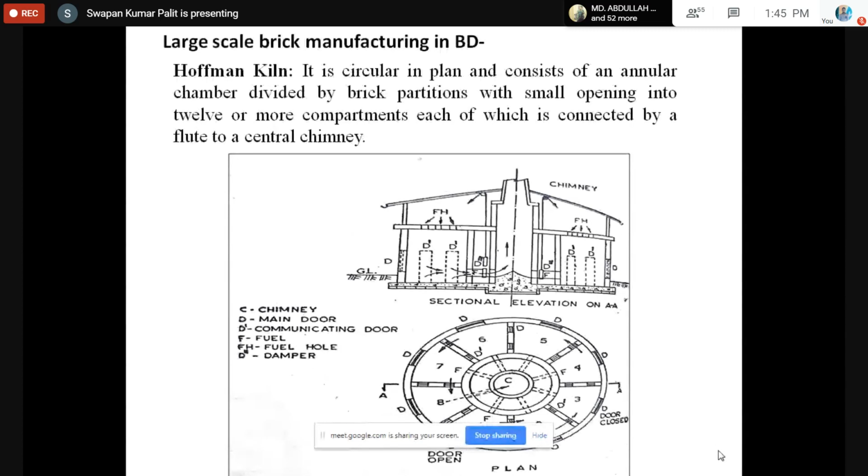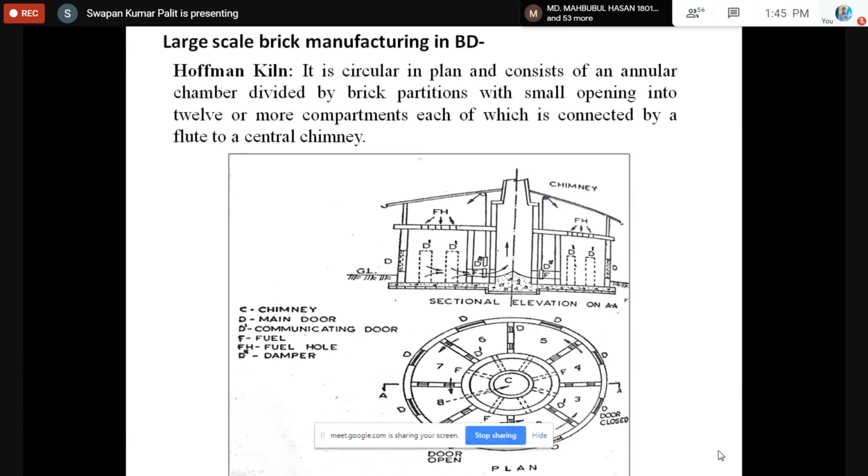It has 8 compartments. There are working principle and construction principle. You can see in your book. I did not put them here. Only fixtures I have shown to you.